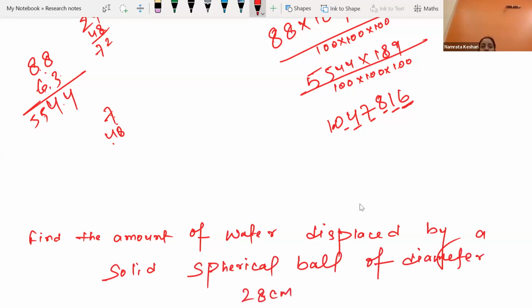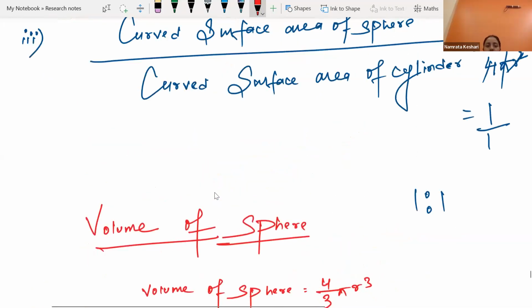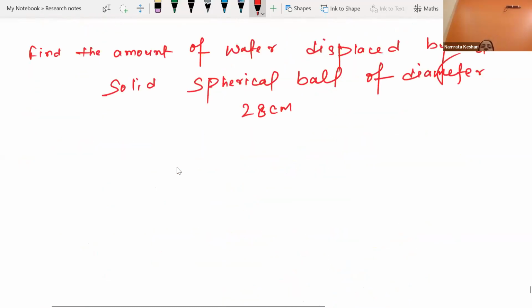Find the amount of water displaced by a solid spherical ball of diameter 28 centimeter. See, the amount of water it will displace. Just a second. Find the amount of water displaced by a solid spherical ball.